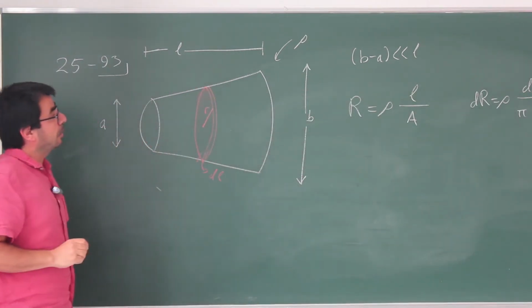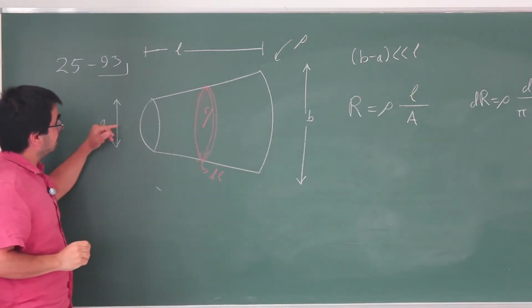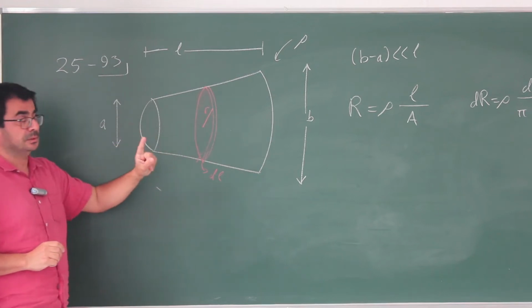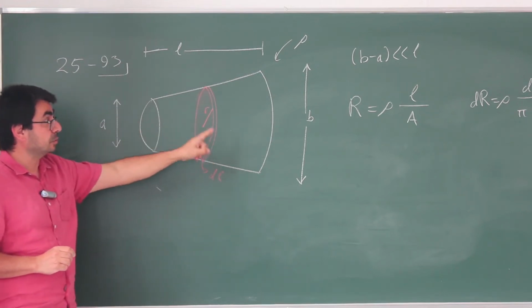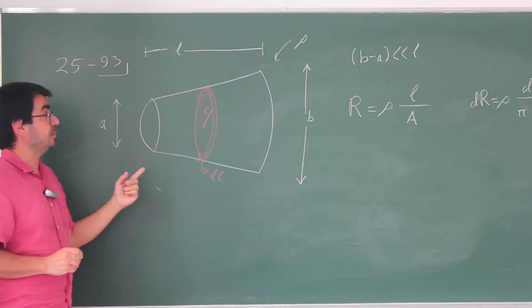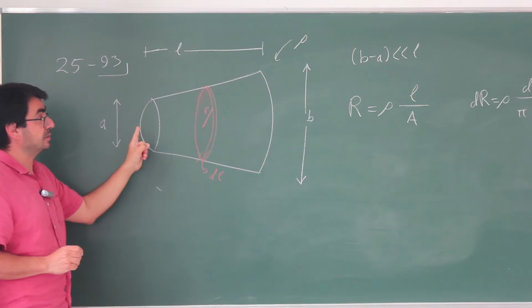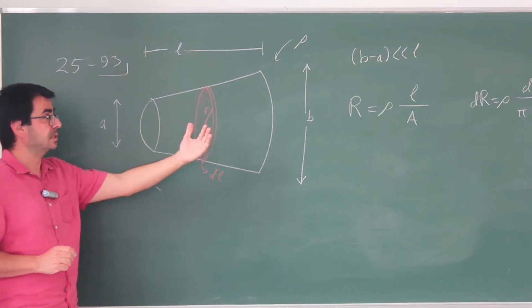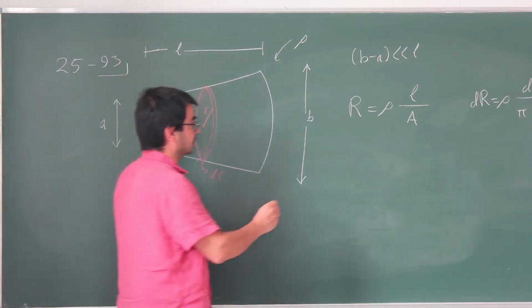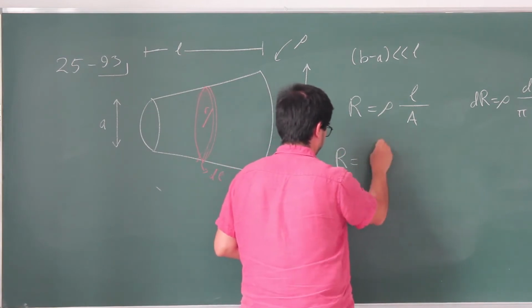Now, as the current flows through this, the same current flows through all of these little resistors. So those resistors are connected in series, which means that the total resistance is just the sum of those resistors. This is the sum of infinitesimal elements, so it's going to turn into an integral.